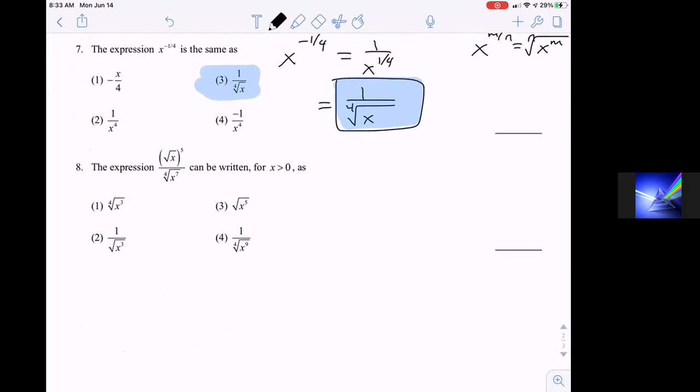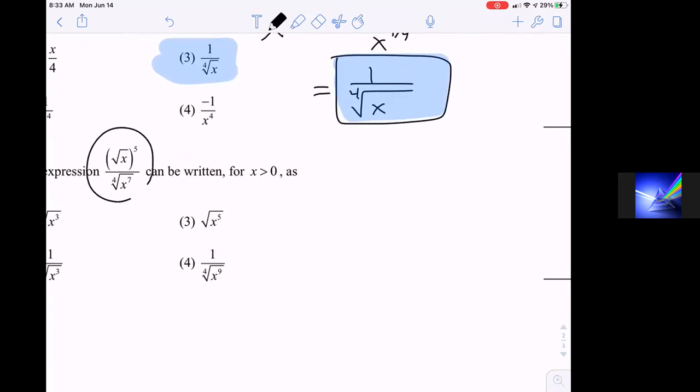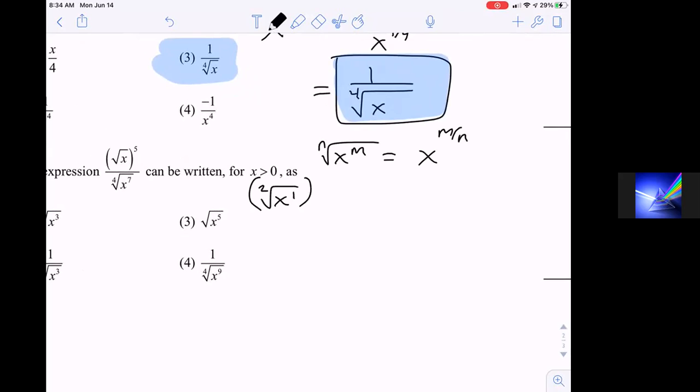Number 8, the expression, the square root of x to the 5th power divided by the 4th root of x to the 7th power can be rewritten as, again, this looks a lot more complicated than it is. Your job is to rewrite everything as fractional exponents first. So again, the nth root of x to the m power is x to the power divided by root. So I'm going to take this down. This is the square root of x to the 1st power to the 5th.